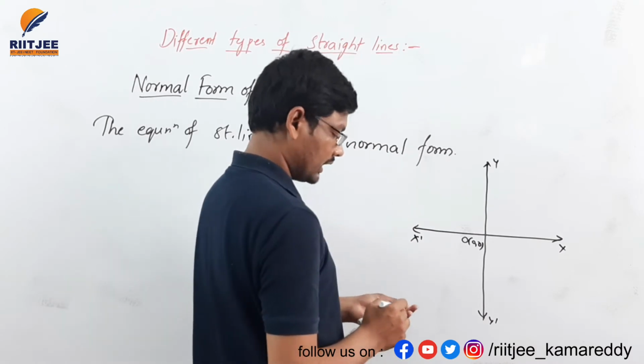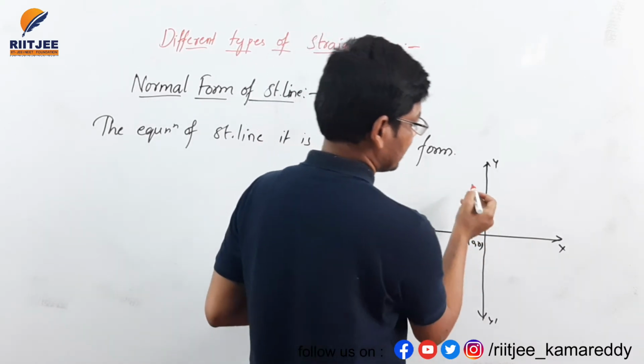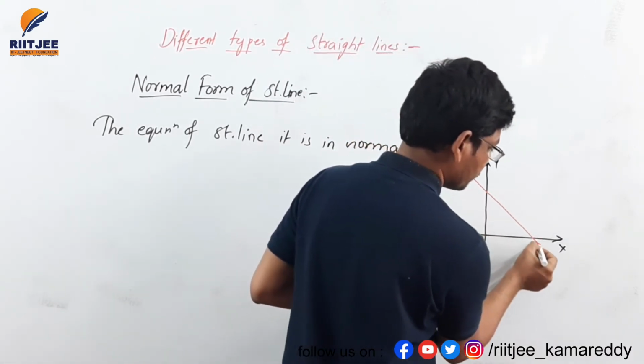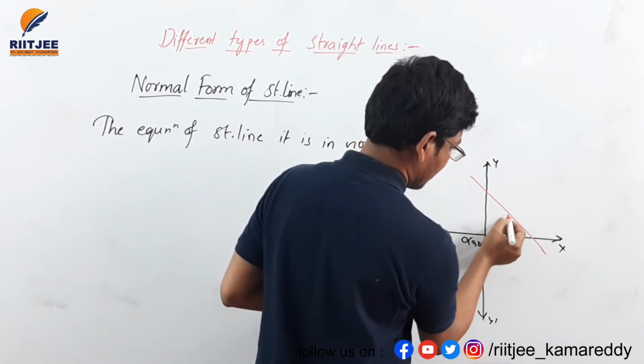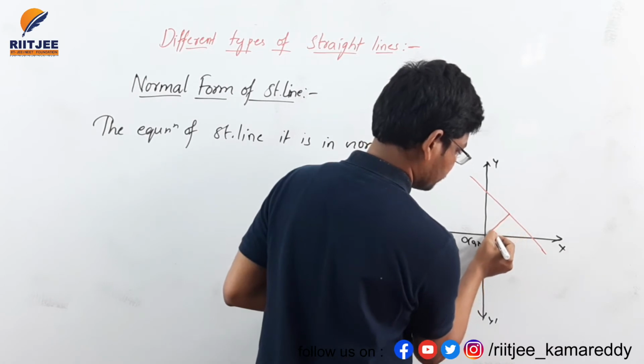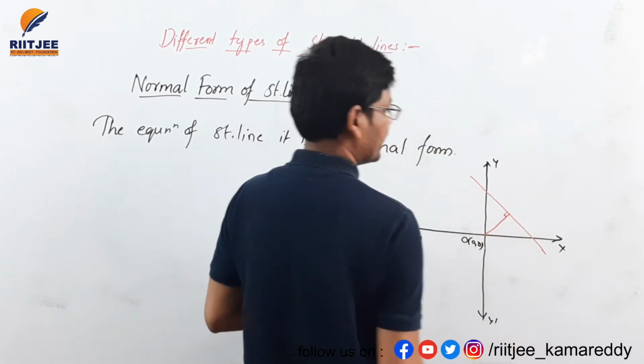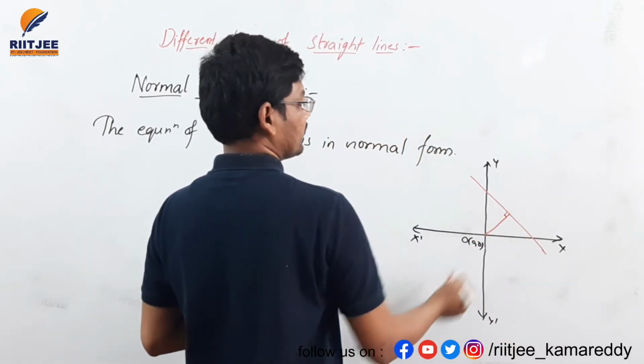If you take a line here that intersects the two coordinate axes, the perpendicular distance to this line from the origin gives the normal form.